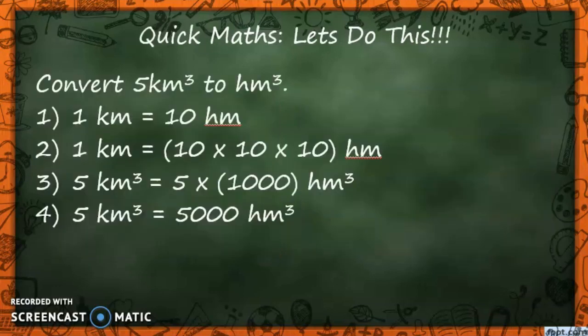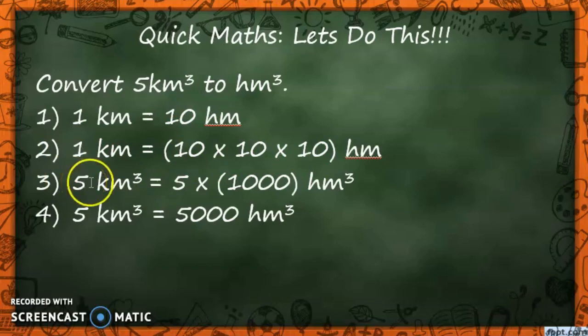Alright? So then, knowing that, we will simply multiply that 10 three times to get our hectometer cube. But remember, it's not 1 kilometer cube we are converting from, it's 5 kilometer cube.